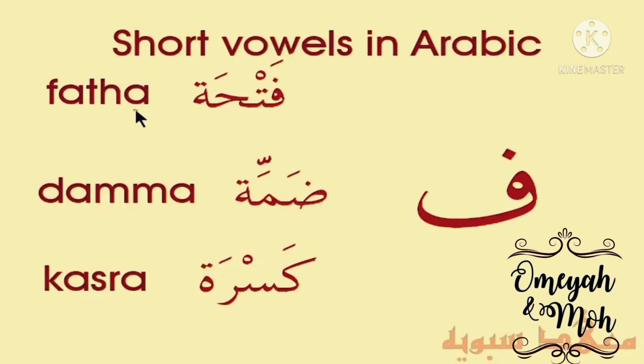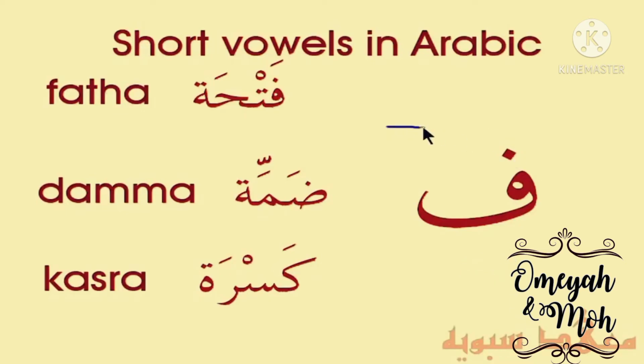So fatha will be written as follows. It's written with a line on top, like that. Al-dhamma will be as follows. It's like a small wow. And we have the kasra, which is like a fatha but on the bottom.